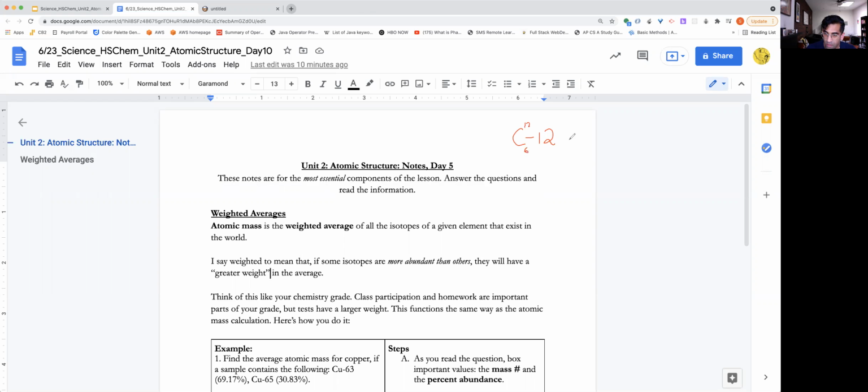In order to figure out the number of neutrons, I take the mass number, which is 12, minus the atomic number, which is 6, and I get 6. But if I had carbon-13, I would follow that same process, except the number I'd be subtracting from would be 13 instead of 12, which would mean that I would have 7 neutrons, and so on and so forth.